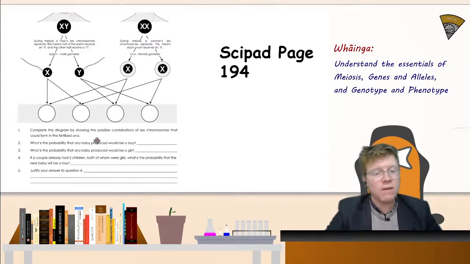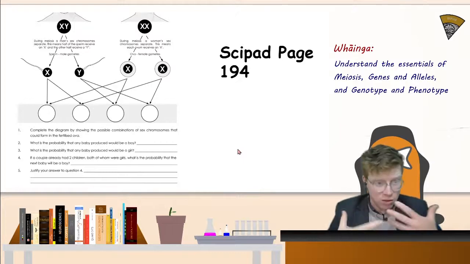So, given that information, our possibilities are X plus X is XX, X plus X is XX, X and Y is XY. Usually just by convention we write the Y afterwards because we like to be alphabetically ordered. And here we have the Y plus the X, which leads to XY.